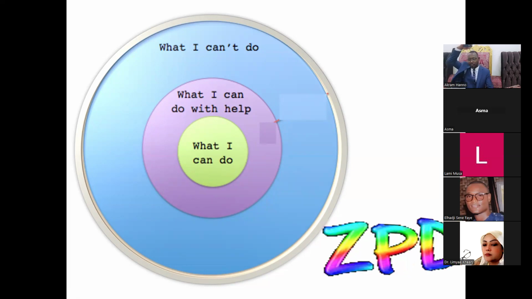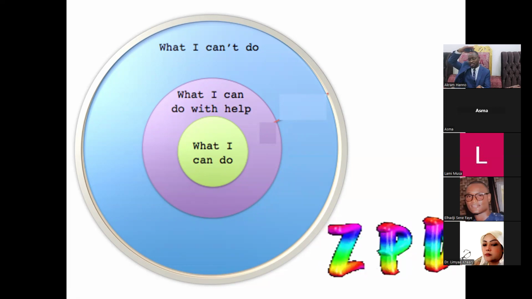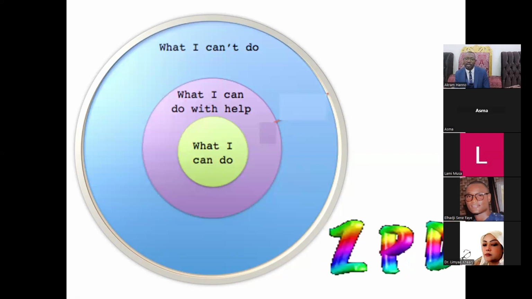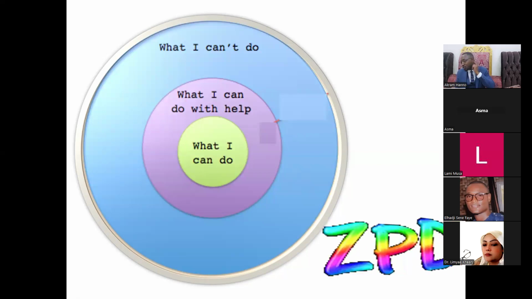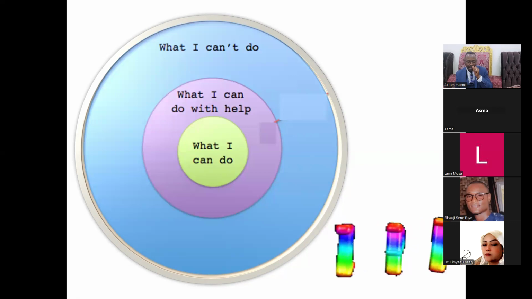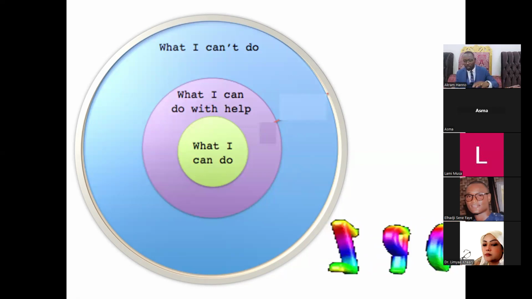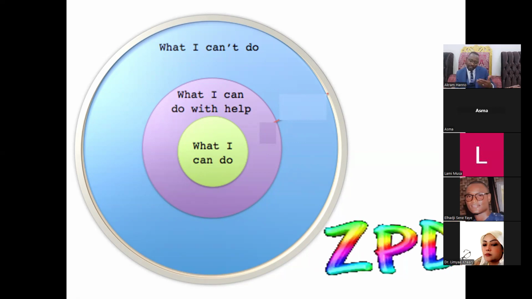So here, as if you are talking about a barrel, you have 3 different stages: what I can do as an infant, and what I can do with help, and Lev Vygotsky called it the knowledgeable other. So by the help of others, and what I can do by myself.